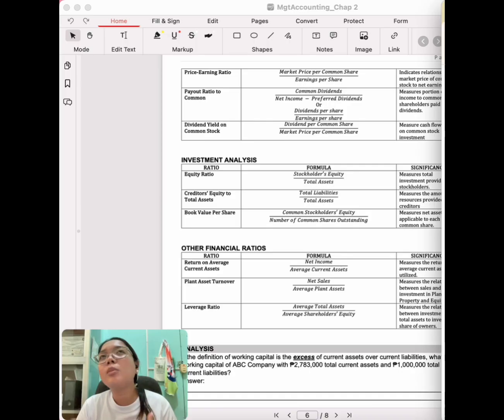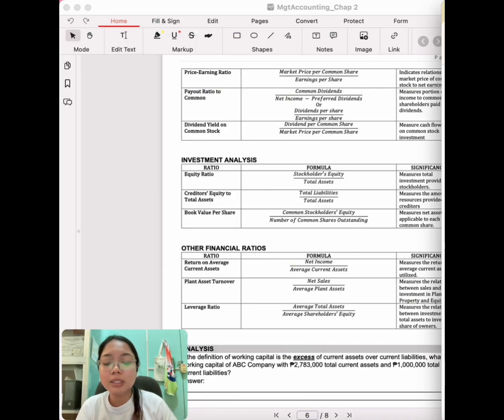So, don't be confused with the market price. Market price is different. The book value is based on accounting information, while the market price is what the market is currently willing to pay. That is the difference between book value and market price. So, there are two different concepts here.